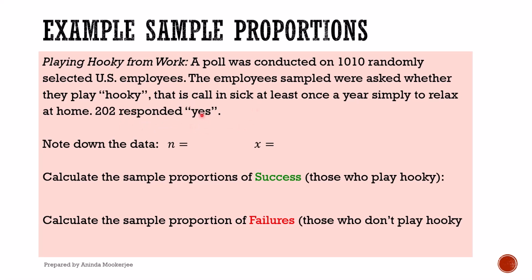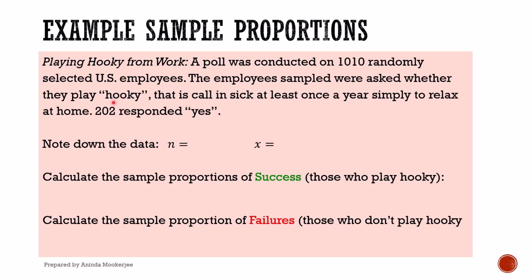So the goal here is to calculate the sample proportion of success, that is, those who play hooky. So our specified attribute that we are trying to understand, that we are trying to study, is what proportion of US employees play hooky. That is our specified attribute, right?